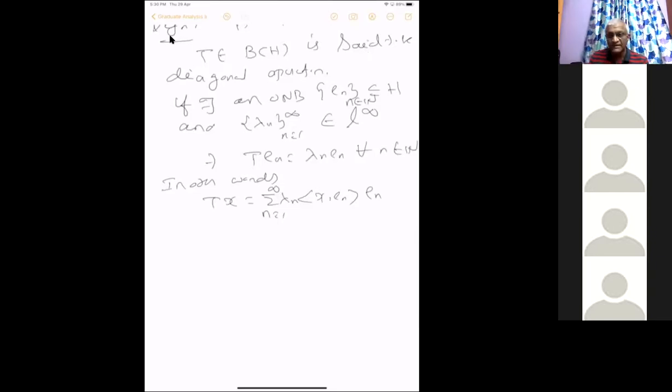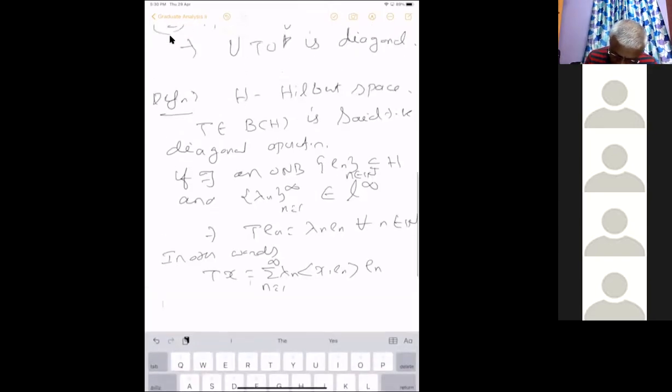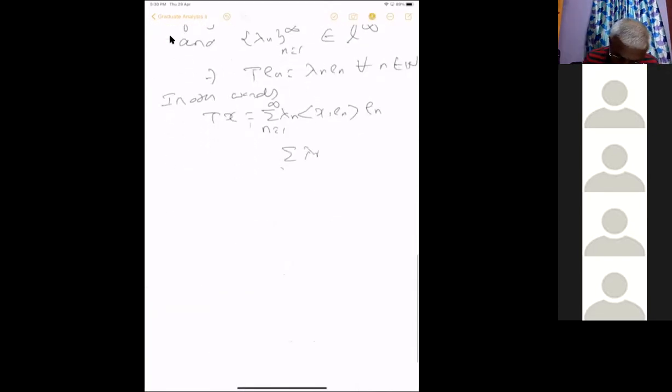You can see that this thing exists. For example, if you take the norm of this, then you can take the lambda n out because it's in L infinity. So you can take the supremum of lambda n out, and the sequence is convergent in L2. Okay, so the sum makes sense. This sum makes sense is equivalent to saying the summation of mod lambda n square times mod <x, e_n> square is finite, which is true.